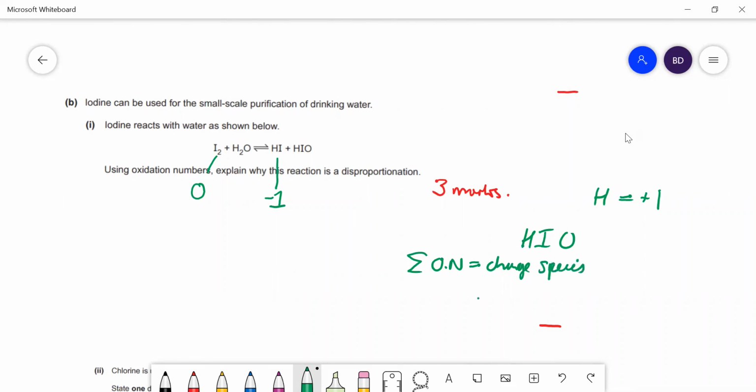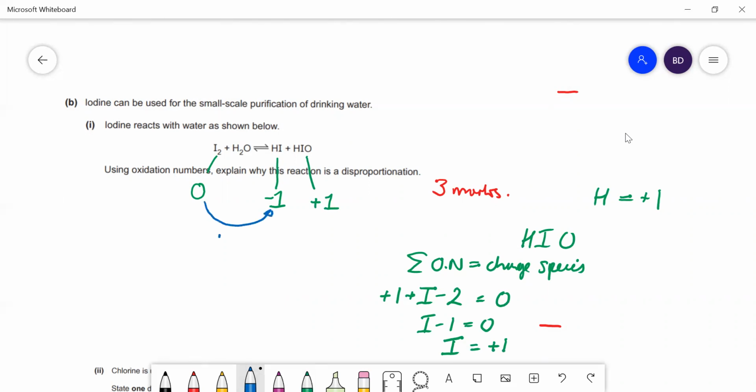The charge on HIO is 0. Hydrogen is always +1. Iodine, we don't know, let's call that I. And oxygen is always -2. So just rearrange that. We get I - 1 is equal to 0. So iodine has an oxidation number of +1 there. So it's -1 there, and +1 here. Now, when the oxidation number goes down, the element has become reduced. And when the oxidation number goes up, as for this one, it has become oxidized. So the iodine has become simultaneously oxidized and reduced. So that is what disproportionation is.